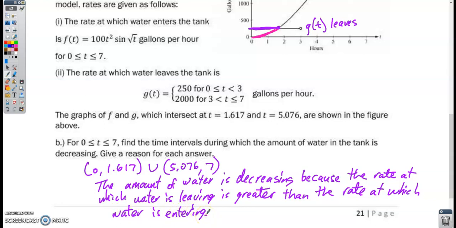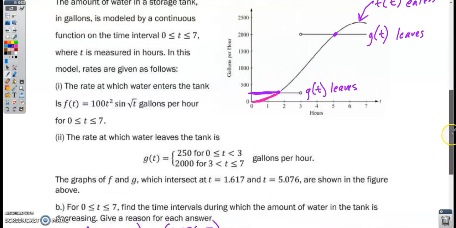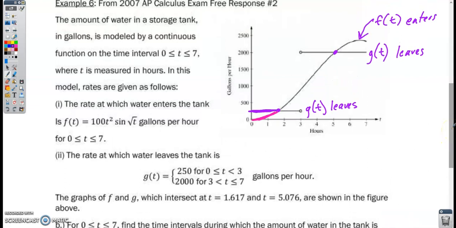All right, takes us to the end of, did I read that wrong? I did. My explanation is right, but my answer is wrong. This is the interval here from 3 to 5.076, where the rate it's leaving is greater.